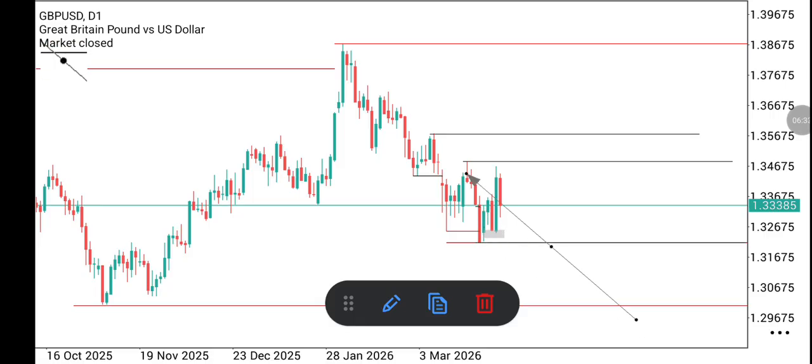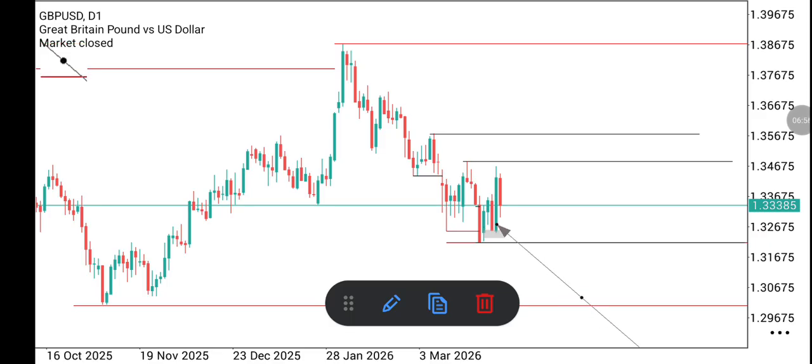As the market retraces, I want to figure out a level of supply at which the market has a high possibility of reacting from and dropping to the downside.